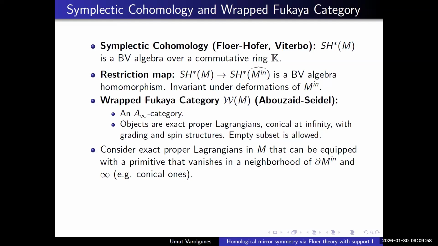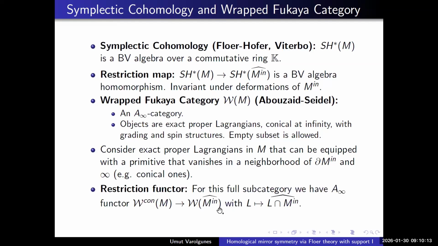There's also a paper of Zach Sylvan which tells you that you can extend it to all Lagrangians, but you have to do something more. Instead of going to the wrapped category of the smaller domain, you have to go to perfect complexes over that, and then you can define a map. But I'm not going to do that.